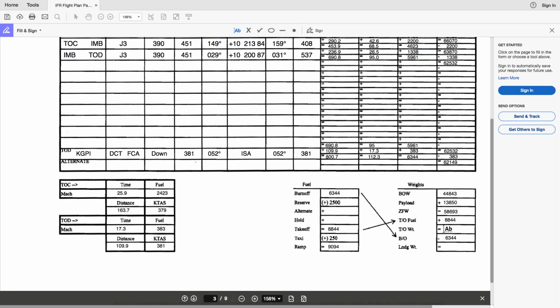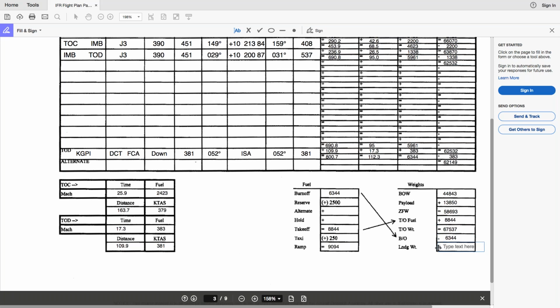Okay. So this equals our takeoff weight when we add our fuel onto it. So 58,693 plus 8,844 is 67,537. Okay.